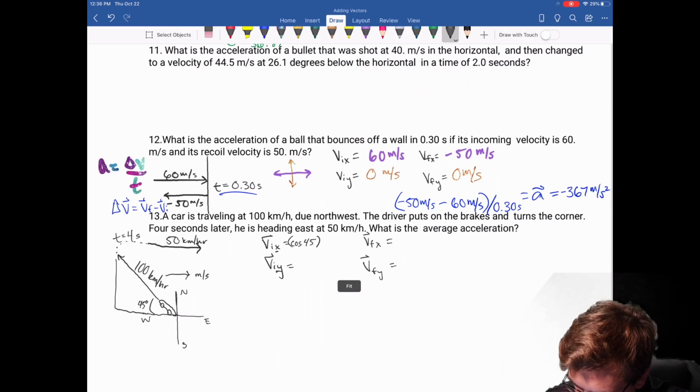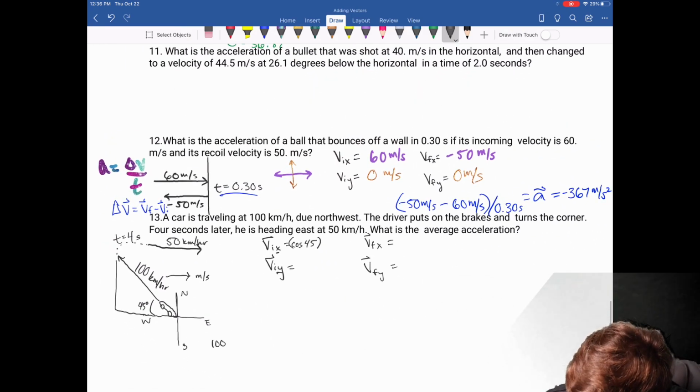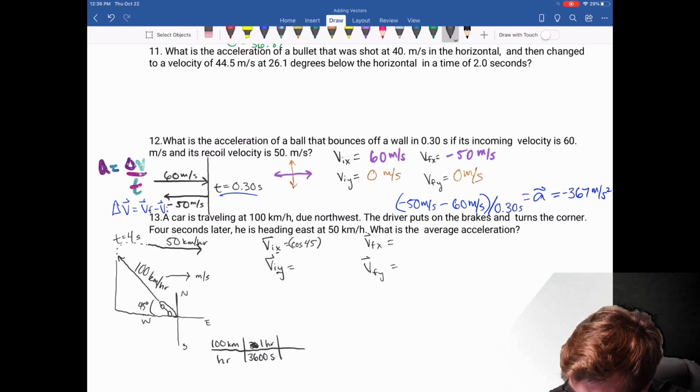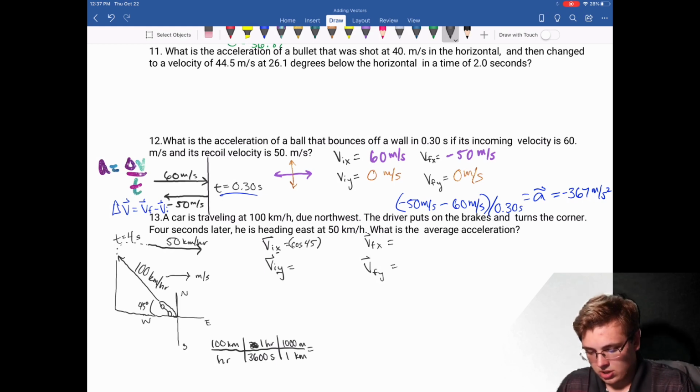We take our numbers. We have 100 kilometers per hour, 3,600 seconds in 1 hour, and then there are 1,000 meters in 1 kilometer. And what do we get for that?